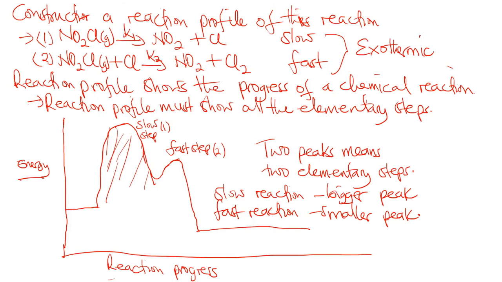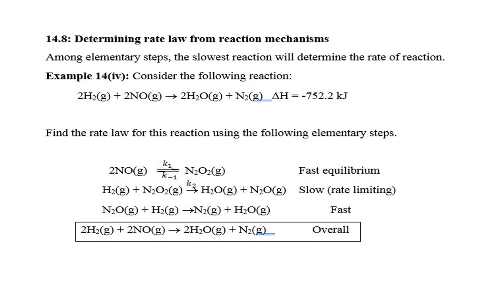Let's look at another problem. As we already said, among the elementary steps, the slowest reaction will determine the rate of the reaction. So our rate law will depend on the slowest reaction. Now here we have 3 elementary steps in this reaction. We have a fast one, but this is fast equilibrium.